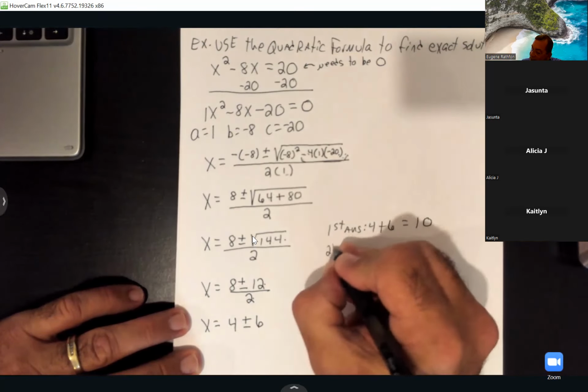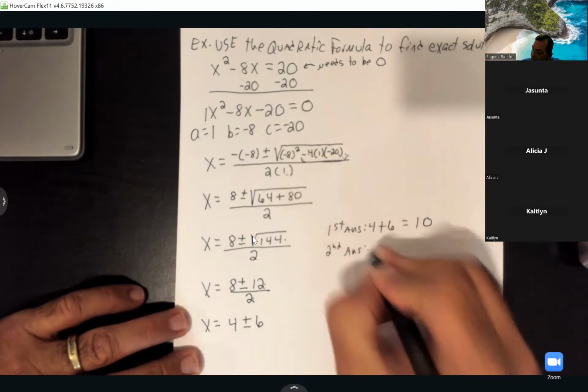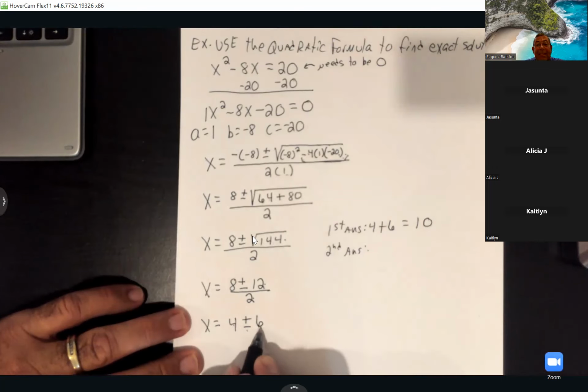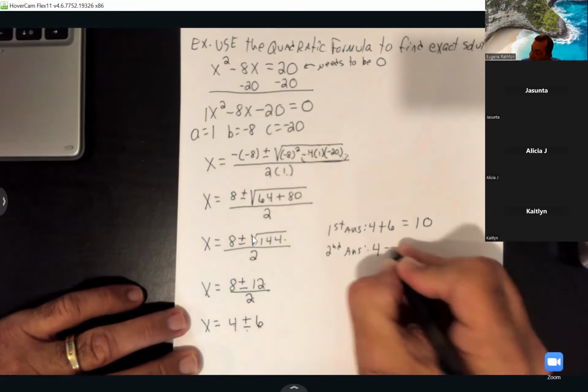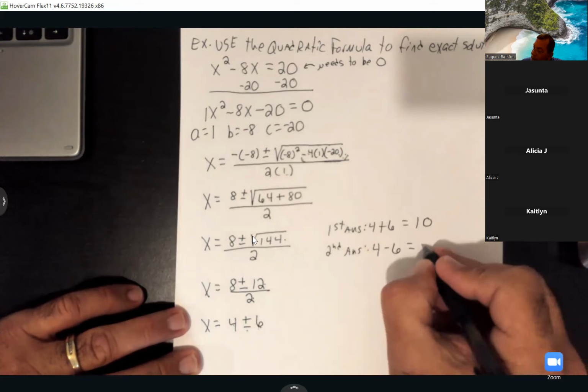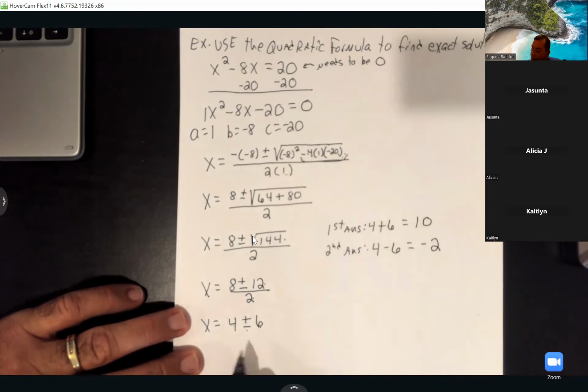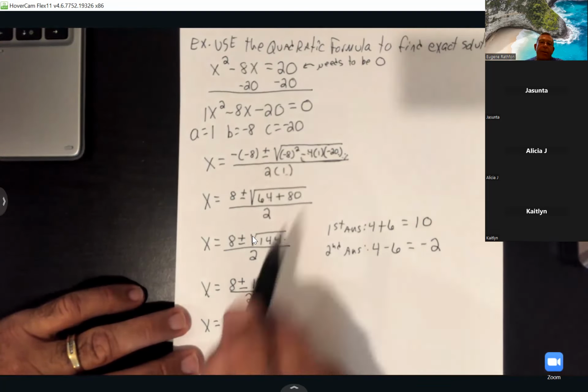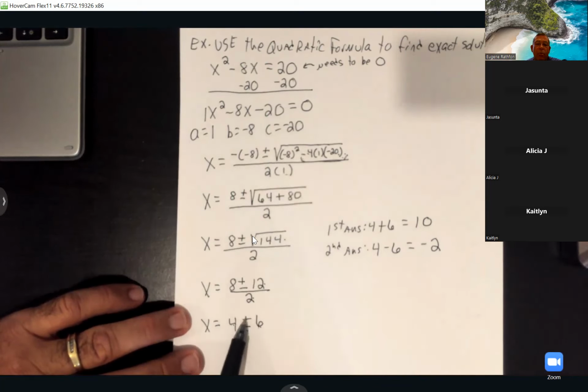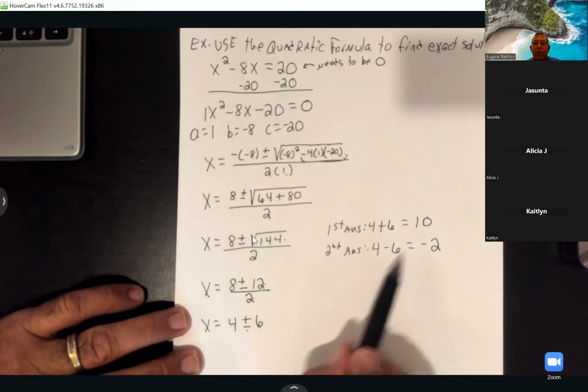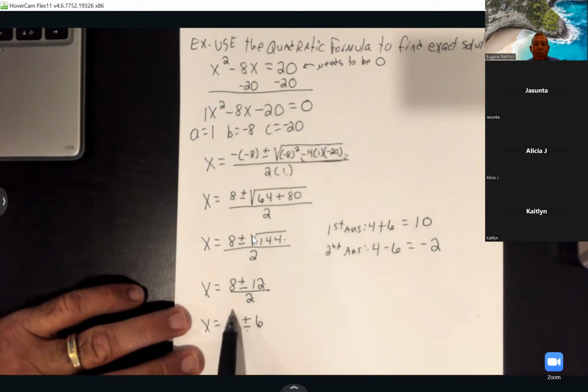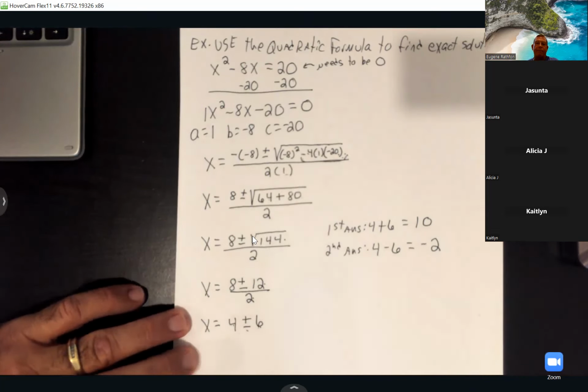My second answer, I do 4 minus 6, which gives us a -2. So the plus or minus that was in front of that square root is what we use to get the 2 separate answers. We add first, and then we come back and subtract.